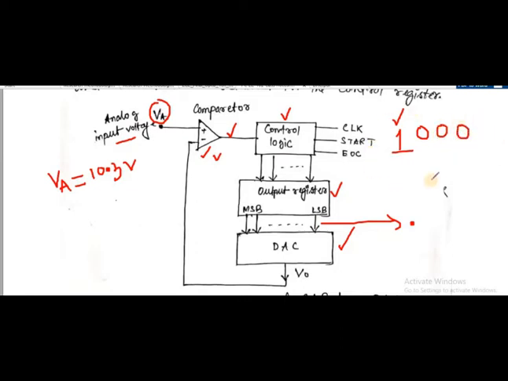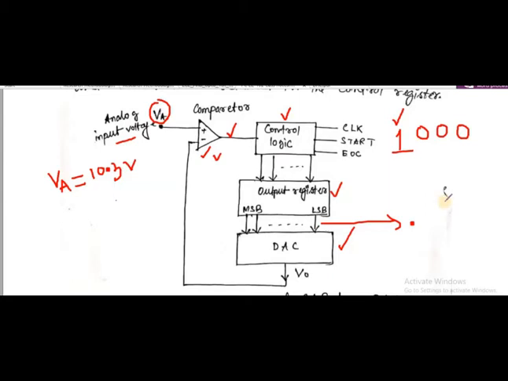Now if I consider that our total full scale is 0 to 15 volt, and since we are using a 4-bit DAC, suppose 0 0 0 0 will have equivalent analog 0, 0 0 0 1 will have equivalent analog 1 volt. Similarly 1 1 1 1 is equivalent to 15 volt. That means the step size is 1 volt.